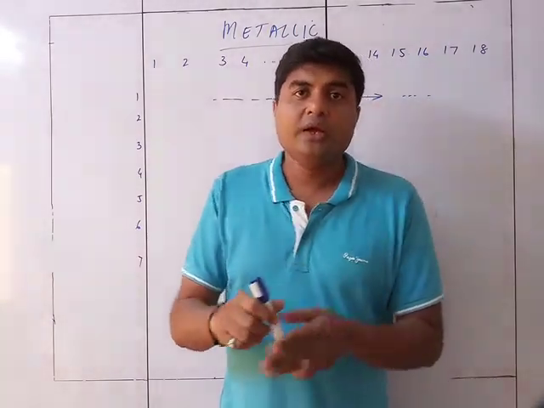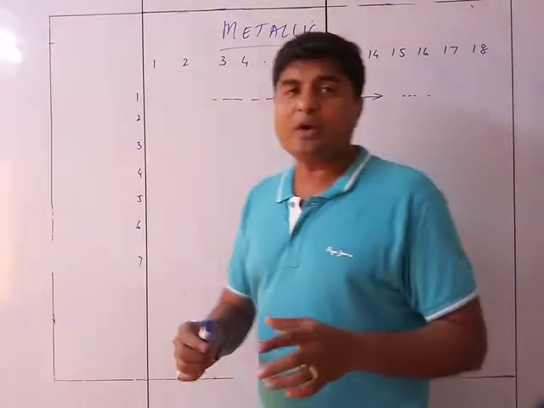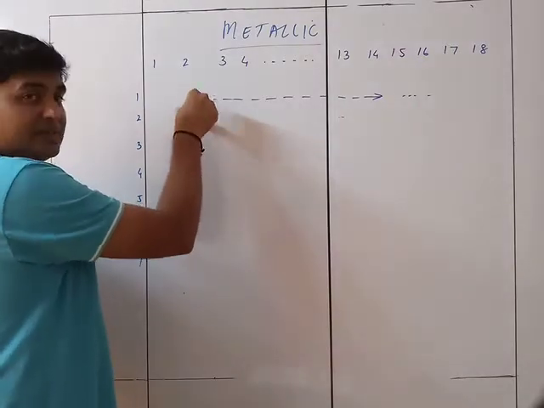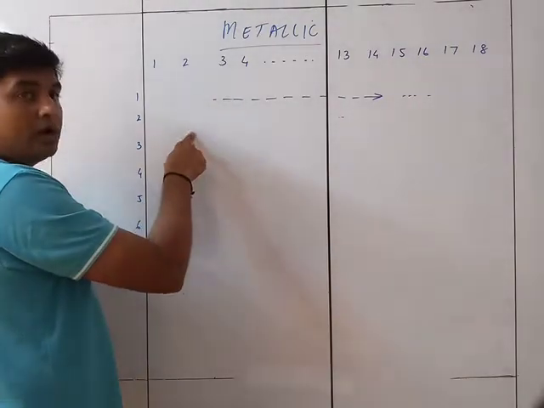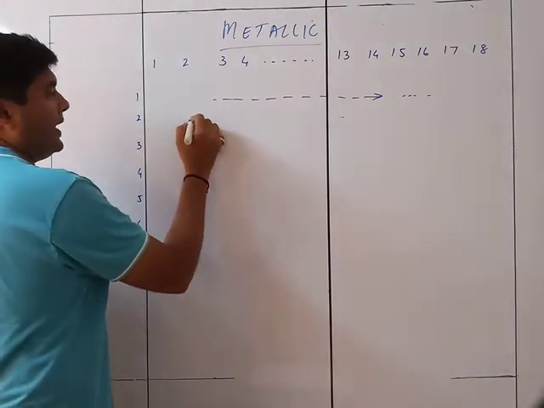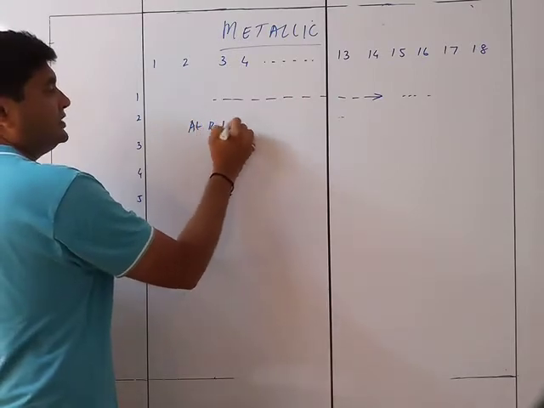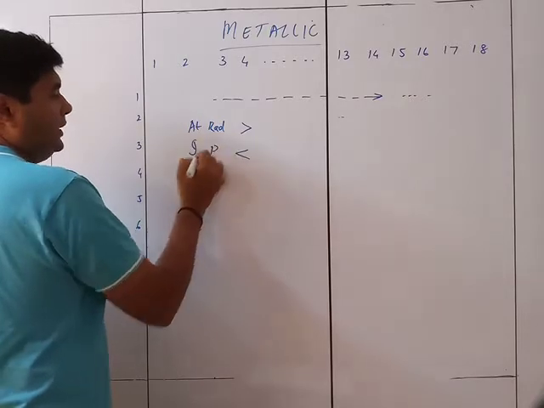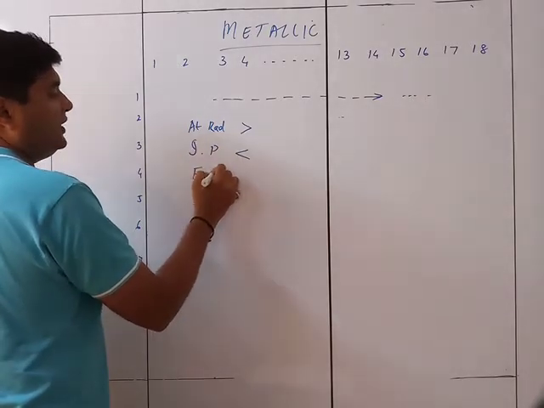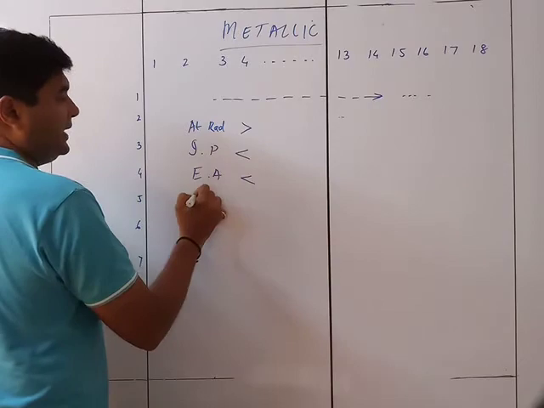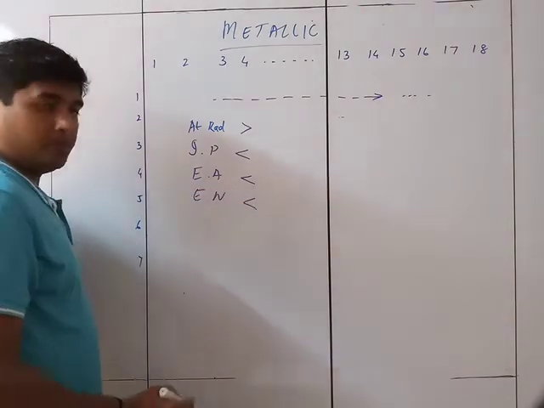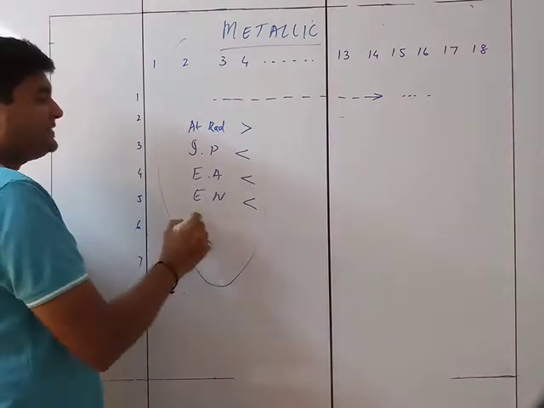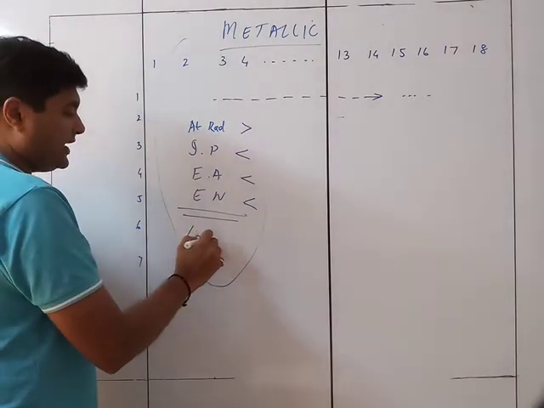That means if you see the trends, this area has the greater atomic radius, whereas ionization potential is smaller. It has electron affinity which is smaller and electronegativity also smaller. So these areas have this property which is ideal for losing electrons.